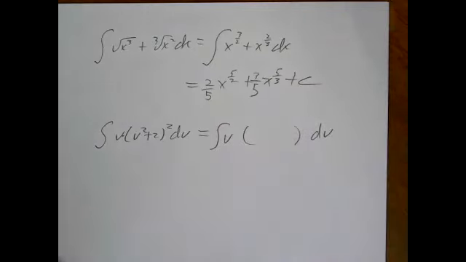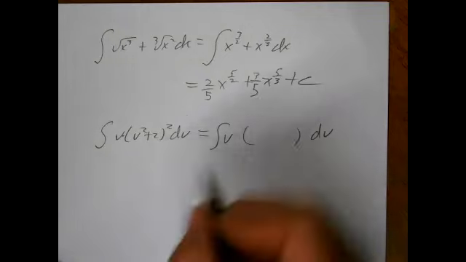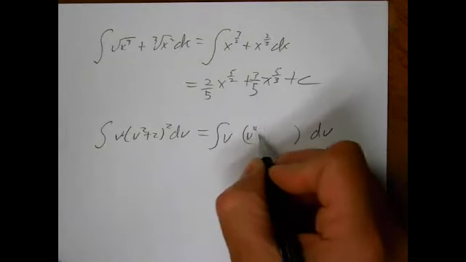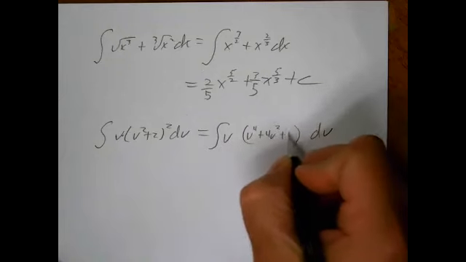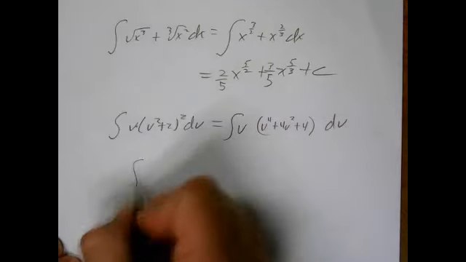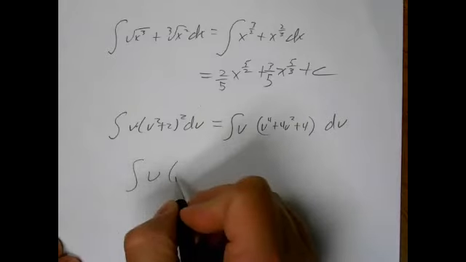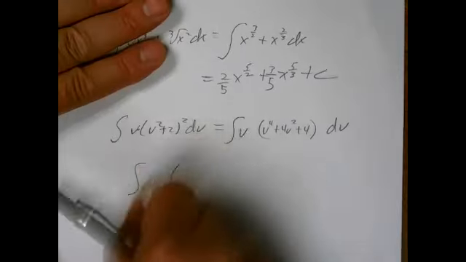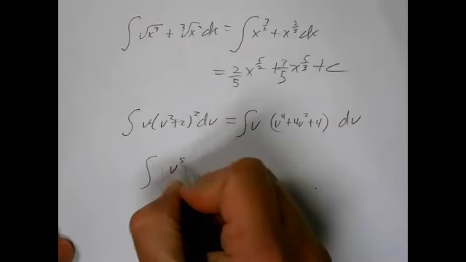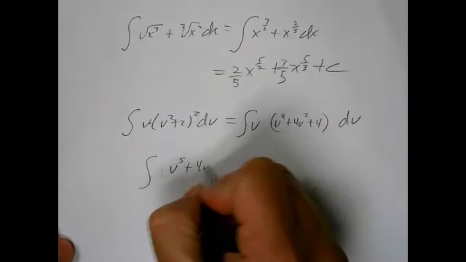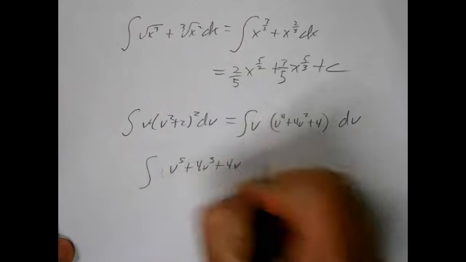So the one very important thing you have to remember is you know how to do algebra, and you're going to have to do a lot of it. So I'm going to square this thing out. That will give me v to the fourth plus 4v squared plus 4. And then I'll distribute v. v times the v to the fourth will be v to the fifth, plus 4v cubed plus 4v.